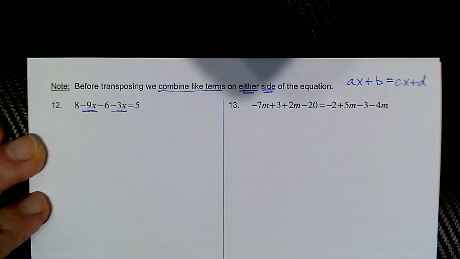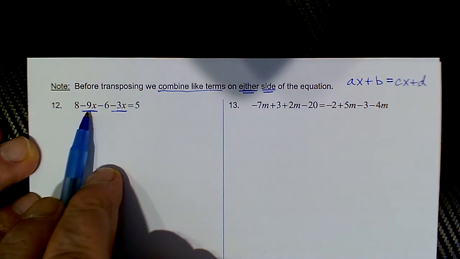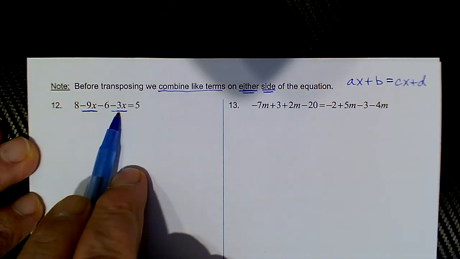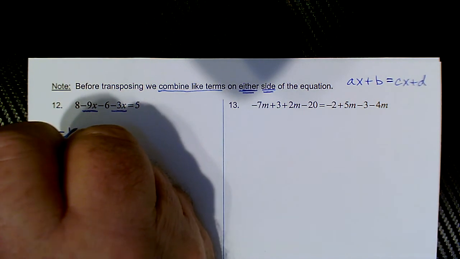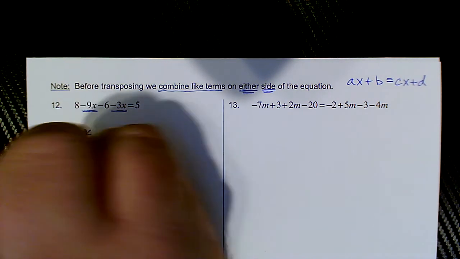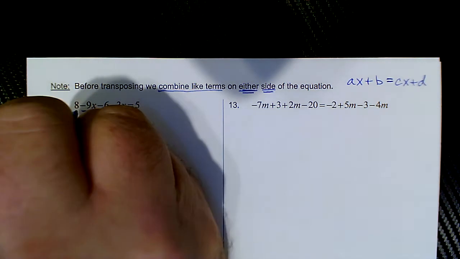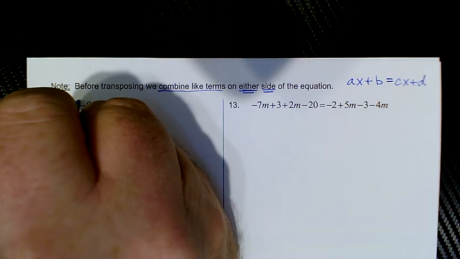And remember, the coefficient, the sign that precedes the term, is the sign that belongs to that term. So you want to think of this as combining a negative 9 with a negative 3, which gives negative 12, and we carry along that variable x. And then we combine the constants.